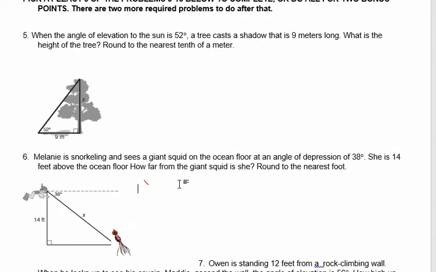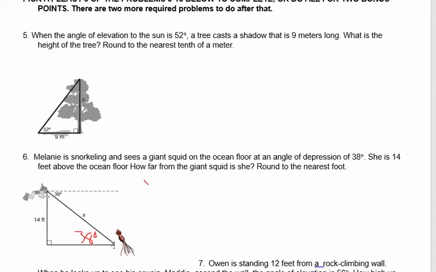So the angle of depression is 38. That's not yet in the triangle, so I need to add that measure to the triangle. Remember, we just said that the angle of depression equals the angle of elevation, so I can put 38 degrees down there.